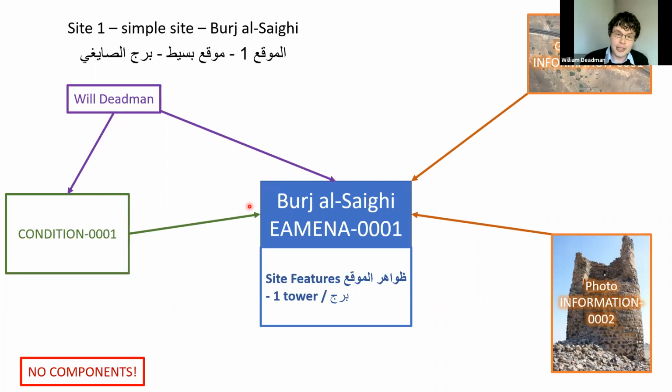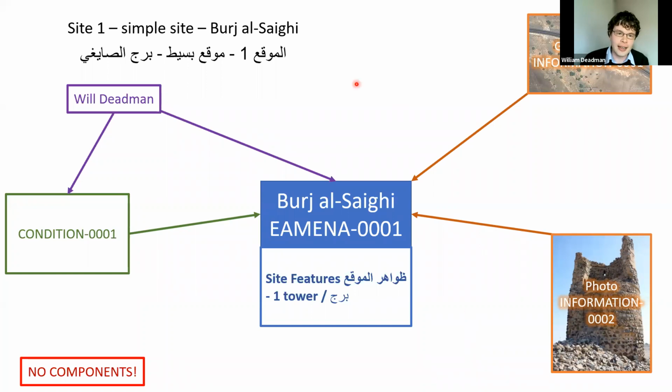So you'd have a heritage place, the main one where all of the archaeological information would go. Then you have information resources for, say, the Google Earth imagery that we've already seen, and a separate one for the photo, and maybe a third one for the site report or something like that. You could then have a detailed condition assessment of the site, looking at the condition of the site and possible disturbances.